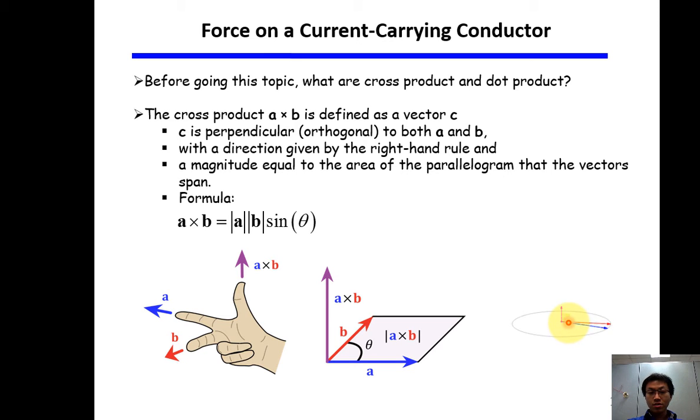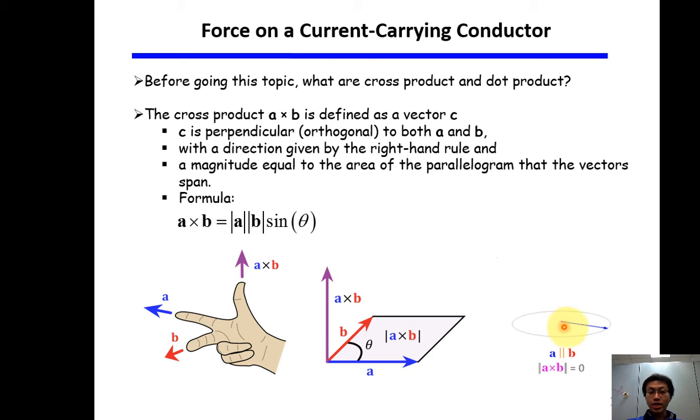When sin 90, this is A and this is B, sin 90 is 1, so A cross B is at its maximum. Then sin 180 becomes 0. Sin 270, or sin negative 90, gives 1 in magnitude again, but in the negative direction, because sin negative 90 is negative 1.